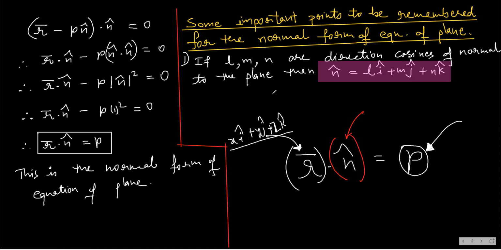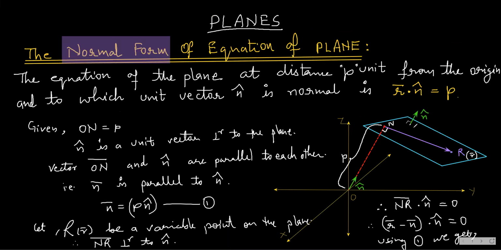Now, when I know the DCs of the normal, I can write the unit vector in the direction of the normal. And what is the unit vector in the direction of normal, my dear students? The unit vector in the direction of normal is n cap.